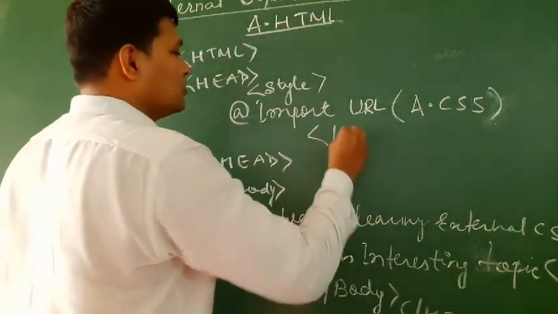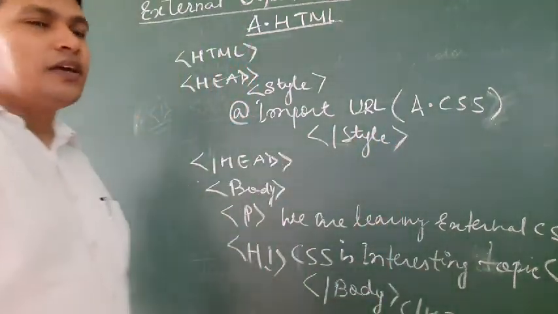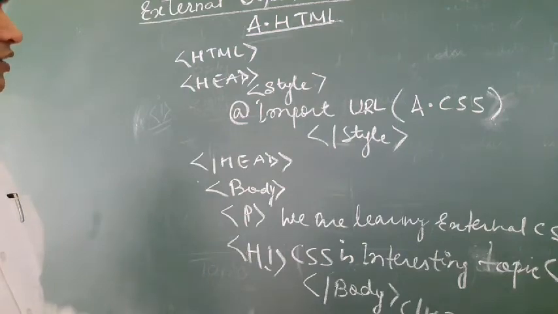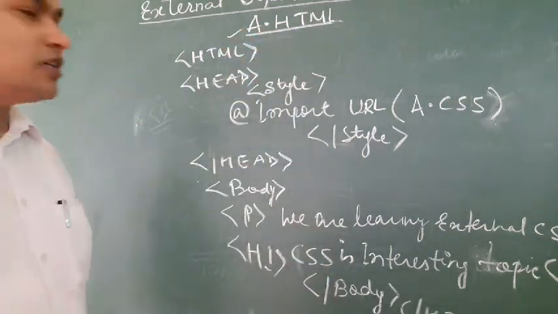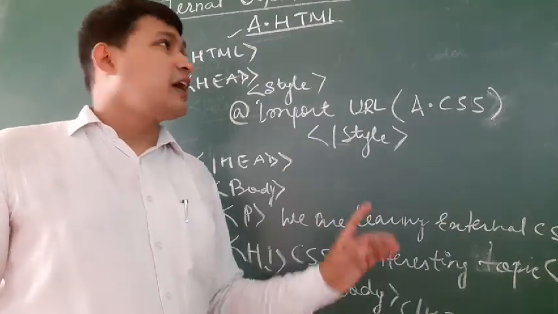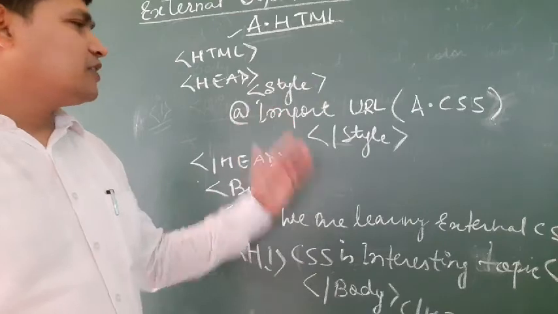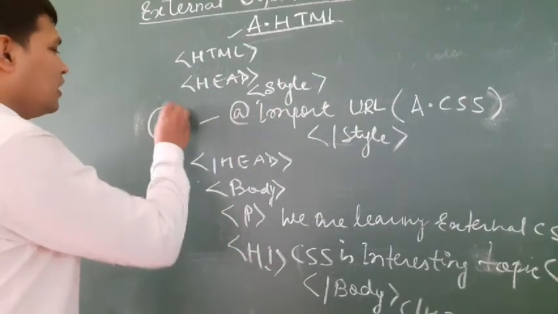Afterwards you close the style tag. When you open this a.html file in your web browser, you will notice that the same effect applied in the CSS file appears in this web page. This is the second method.